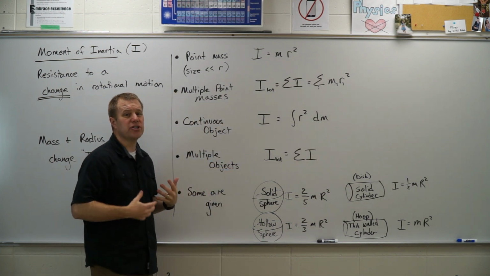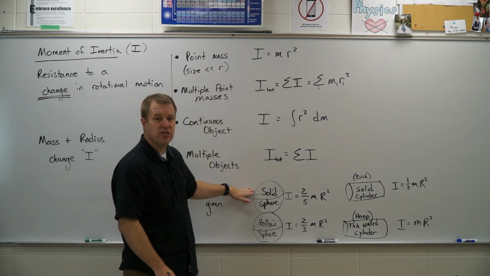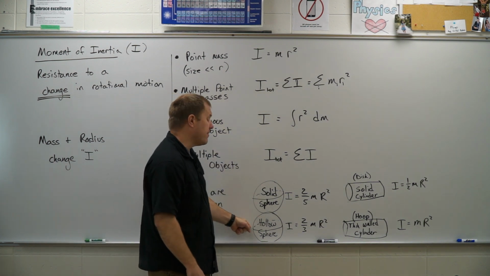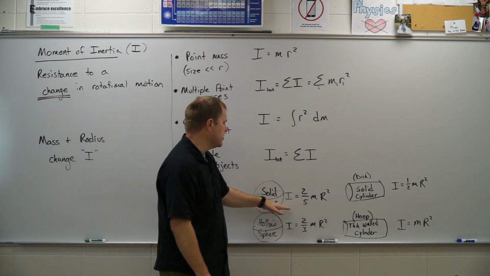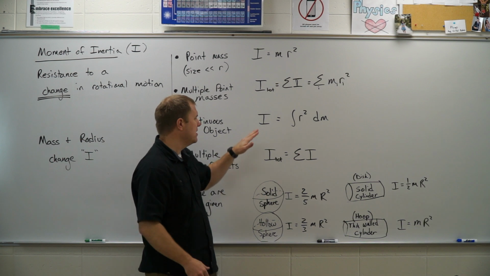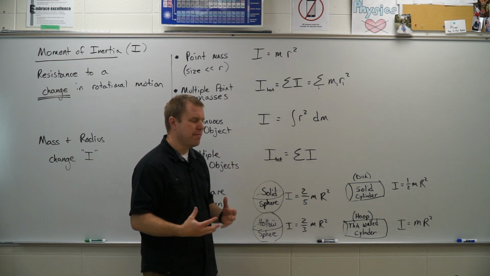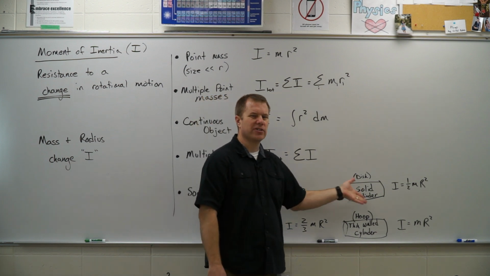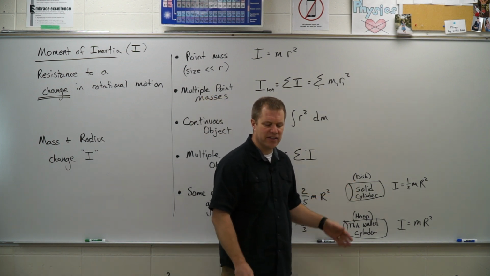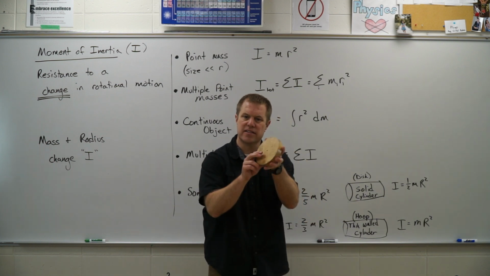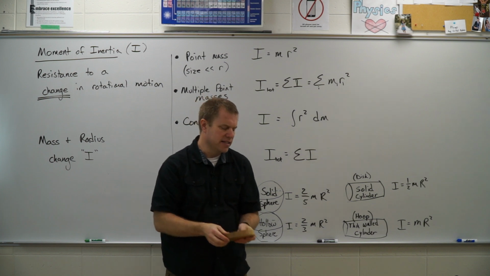Now, some of them are just going to be given to us. For instance, if I have a solid sphere like a bowling ball, or a hollow sphere like a basketball, they'll just be given to us. They've already done this kind of integration process for us in these 3-dimensional or 2-dimensional cases where we have a disc or a solid cylinder. You can imagine this would be our solid cylinder, also known as a disc.